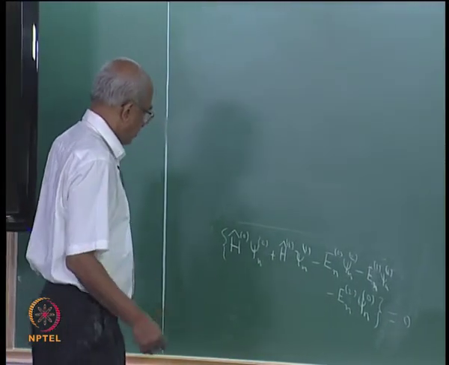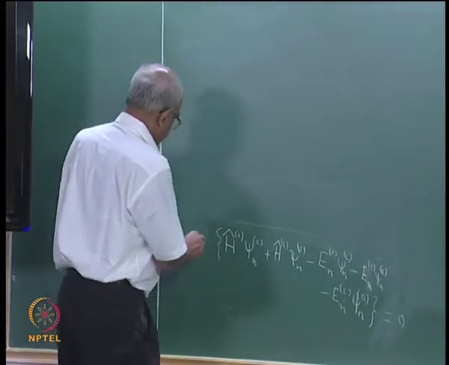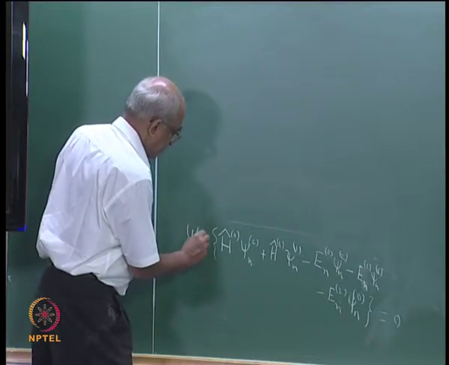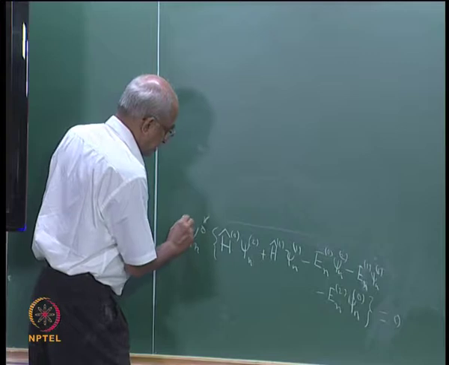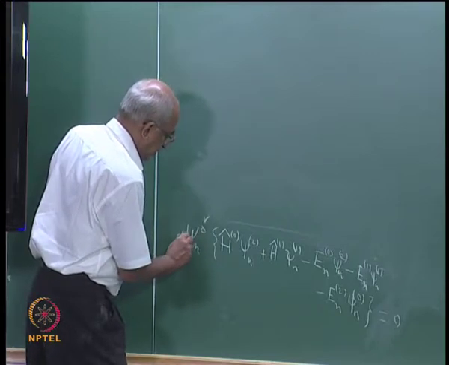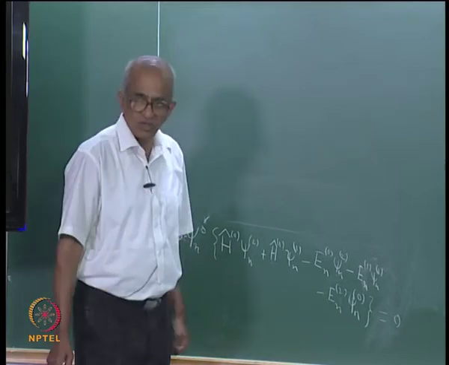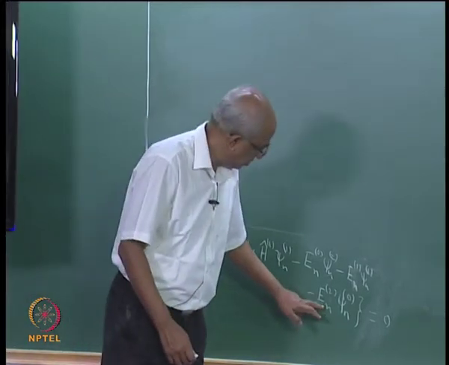As I told you towards the end of the last lecture, we will multiply this by psi n0 star, then the volume element dτ, and integrate over the entire space, and that is what I am going to use to determine the value of En2.